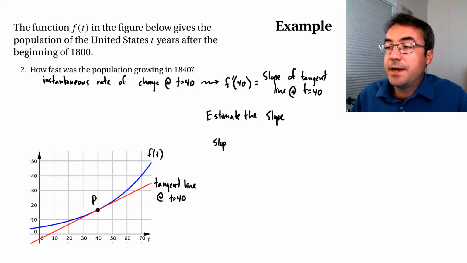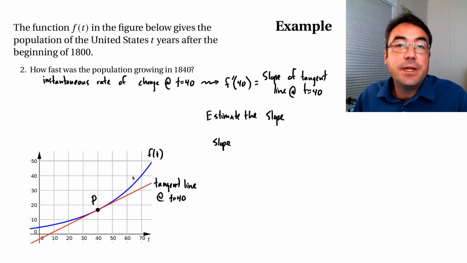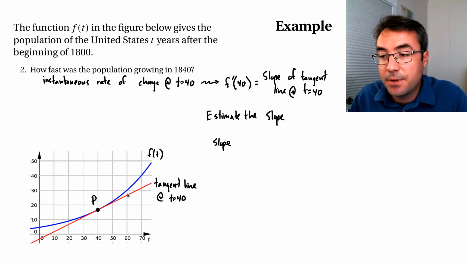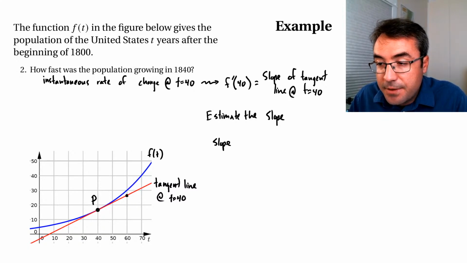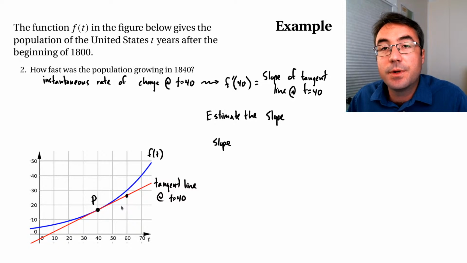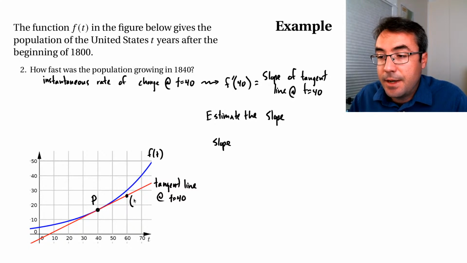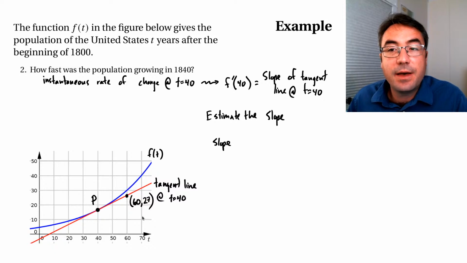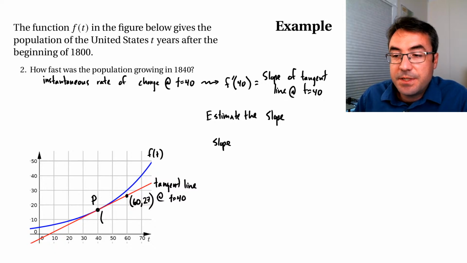And the way we can do that is by what we did before. Pick a second point on that line. Try to make it as easy as possible. So I might look at this point here, which goes through a grid line. That looks to me to be at 60, and then I would say maybe 27 as the y value. And what did we say for point P?